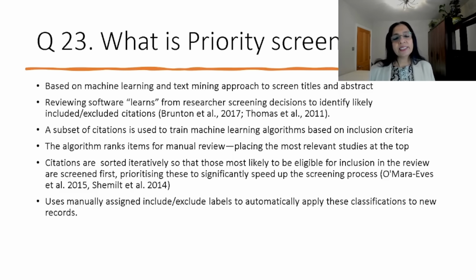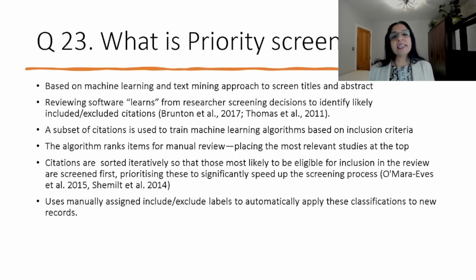So the next question is slightly different from reporting standards and quality assessment tools. That is about priority screening. So what is meant by priority screening? It is based on a machine learning and text mining approach to screen titles and abstracts. We all know that screening is an essential process in systematic review.